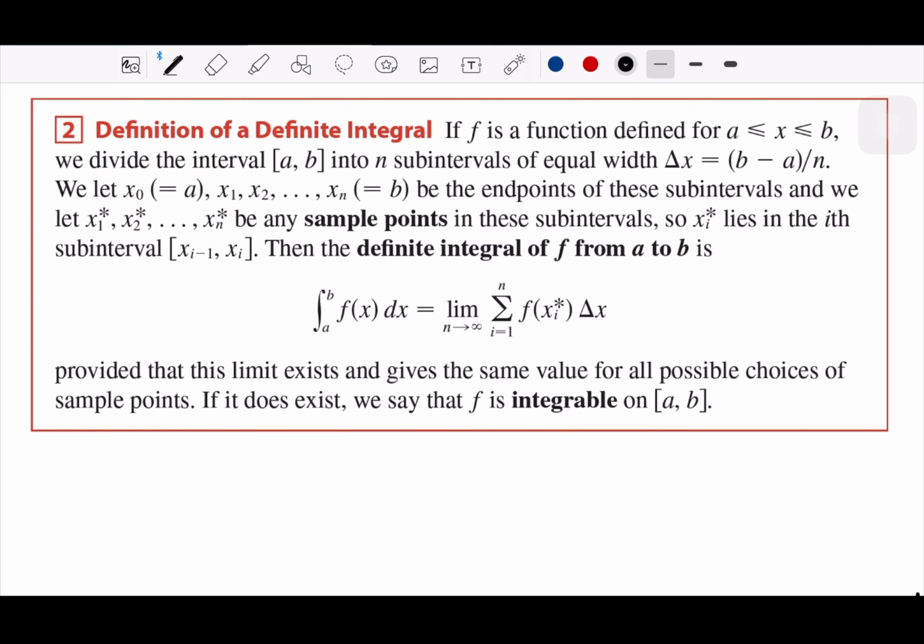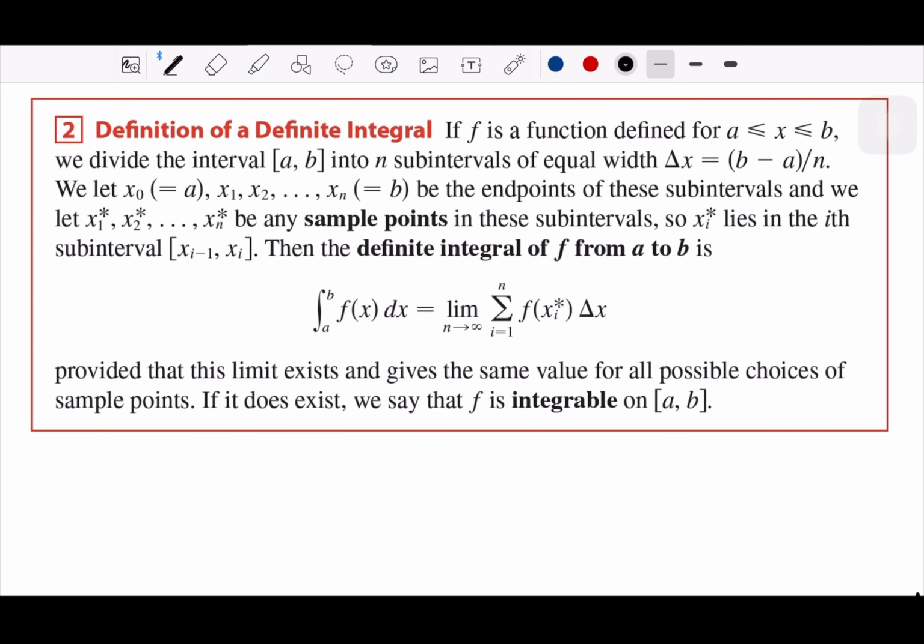So it starts from a function that is defined from a to b in x, and then we divide the interval ab into n subintervals, like the rectangles we had before, and we have the width delta x, which is b minus a over n. Then we let x_i be the endpoint of each subinterval, and we let x_i* be any sample point.